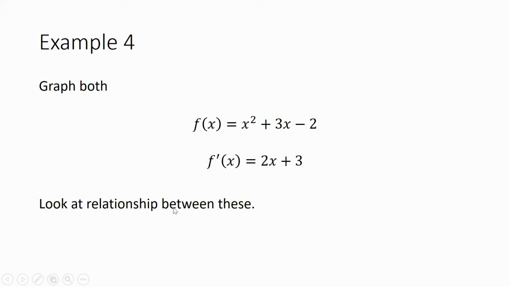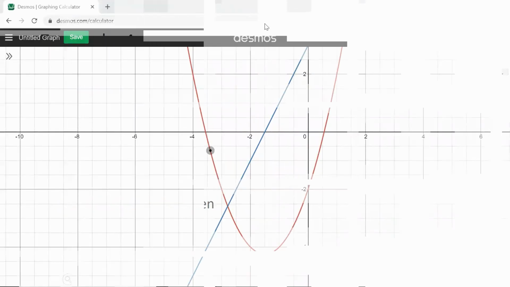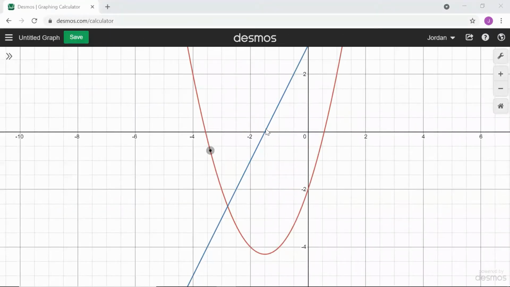We're going to look at the relationship between these two functions. So I have graphed both the function f of x and the derivative f prime of x here. The f of x is in red and the f prime of x is in blue.